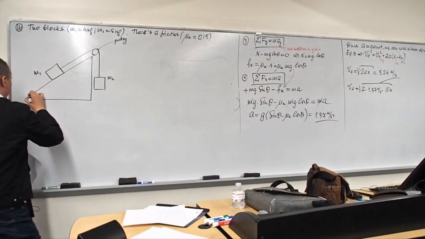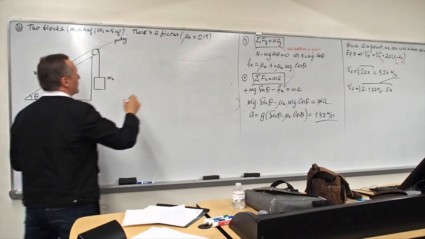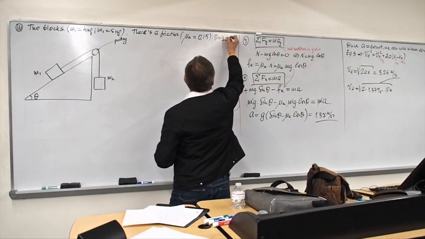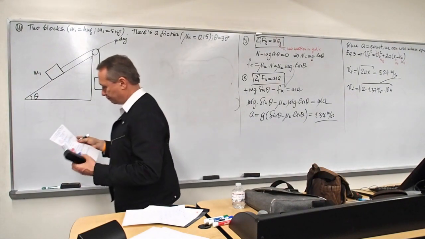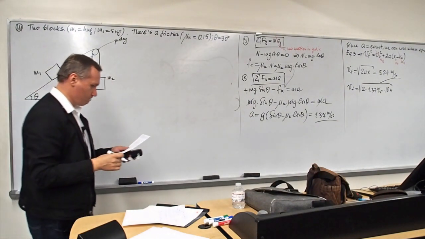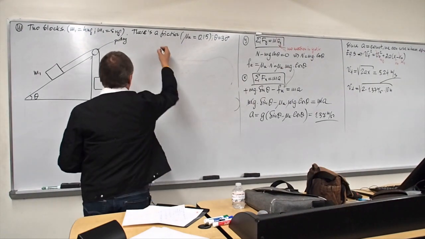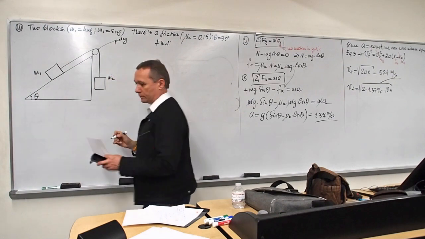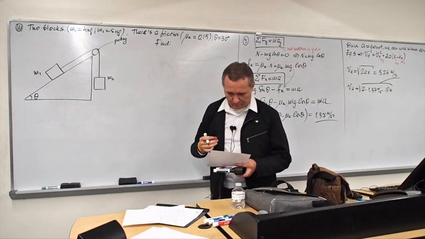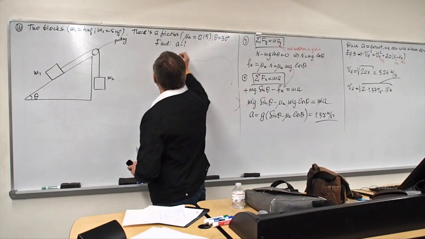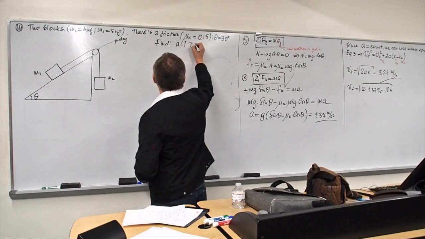The angle theta is 30 degrees. Okay, so what do we need to find? We need to find the acceleration and the tension.